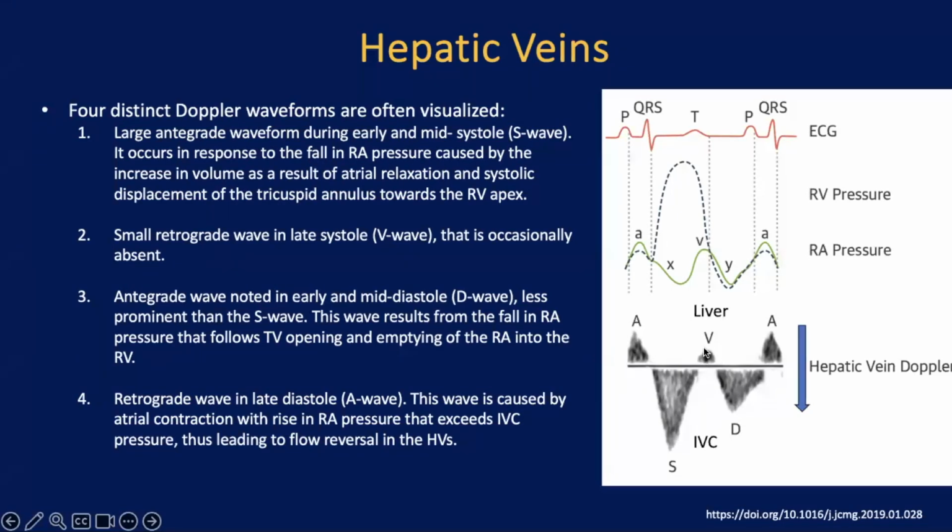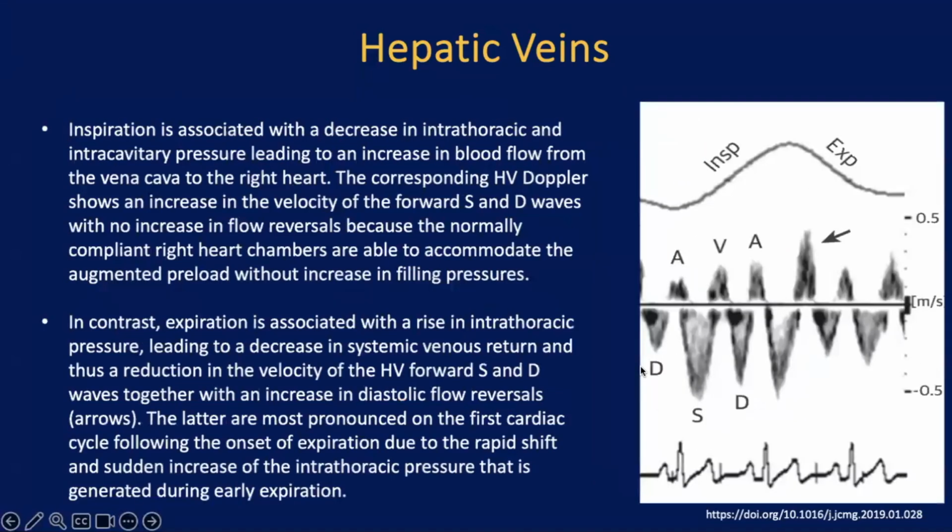Then the V at the end of systole. Then we will have the D with the tricuspid valve opening and blood flow to the RV, and then you have the A, which is the atrial contraction. I kept those just for you if you want to read, and anyone who wants the slide, I will give it to him.